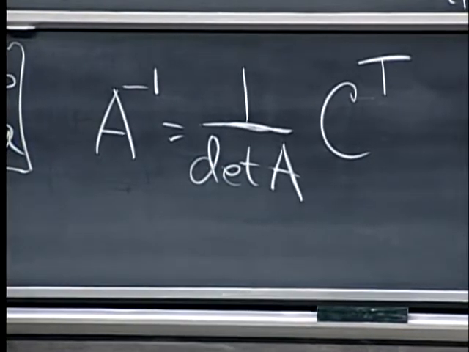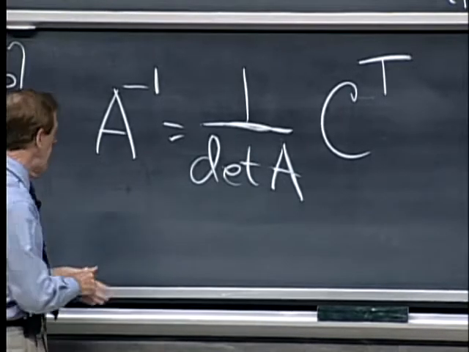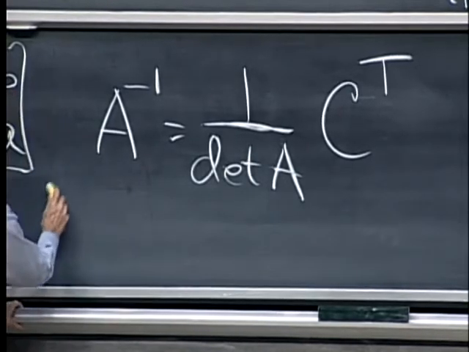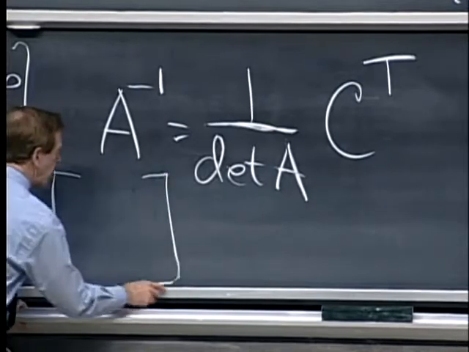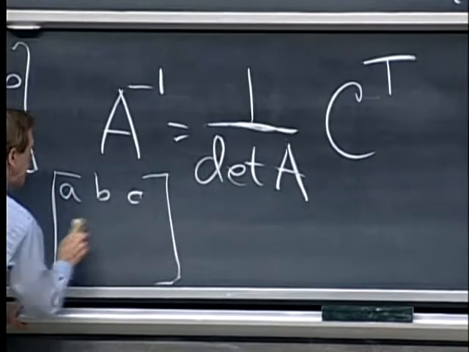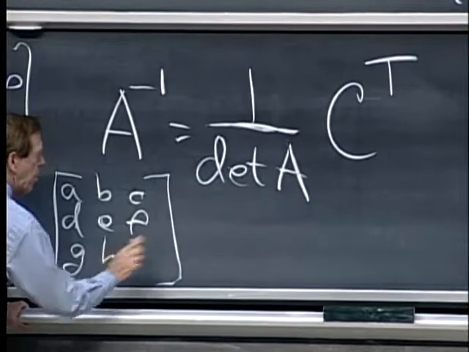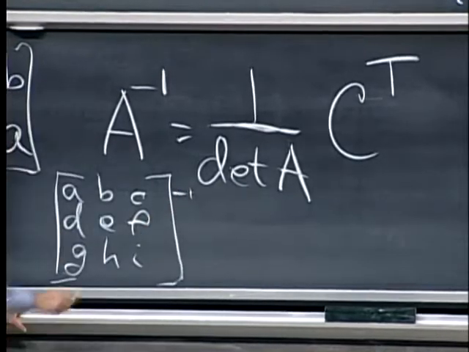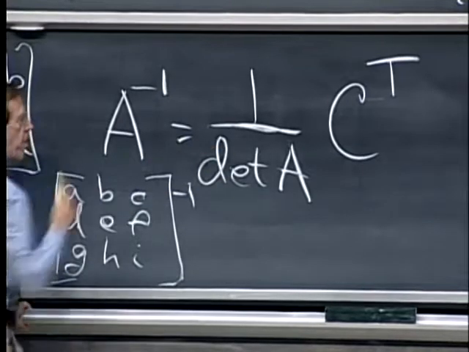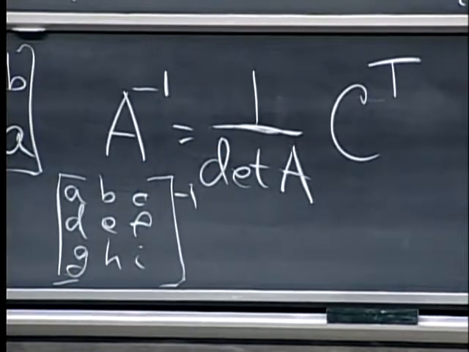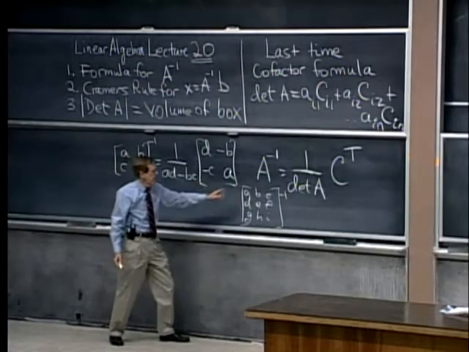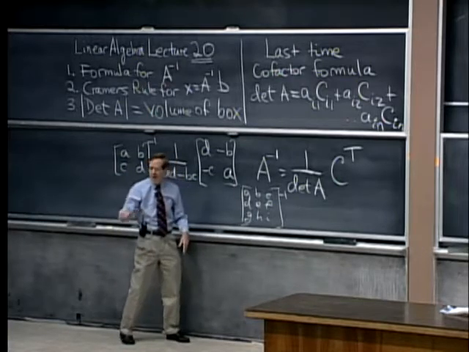That tells us the expression for A inverse. Let's look at a 3 by 3. I just write down A, B, C, D, E, F, G, H, I, and I'm looking for its inverse. And what kind of a formula do I see there? I mean, the determinant is a bunch of products of 3 factors, right?